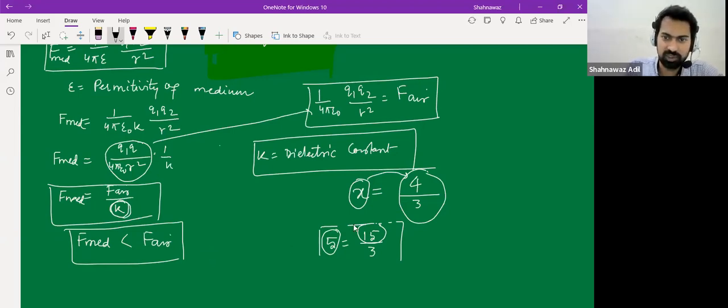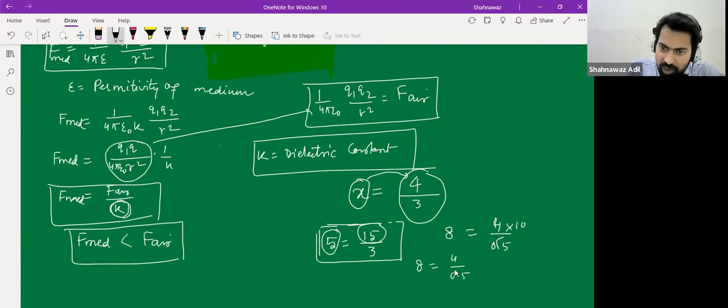And this criteria will hold when this K is greater than 1. If this K was less than 1, let's say 0.5, and this is 4 and this is 0.5, the result would have been how much? This would have been 8, which is 4 by 0.5.